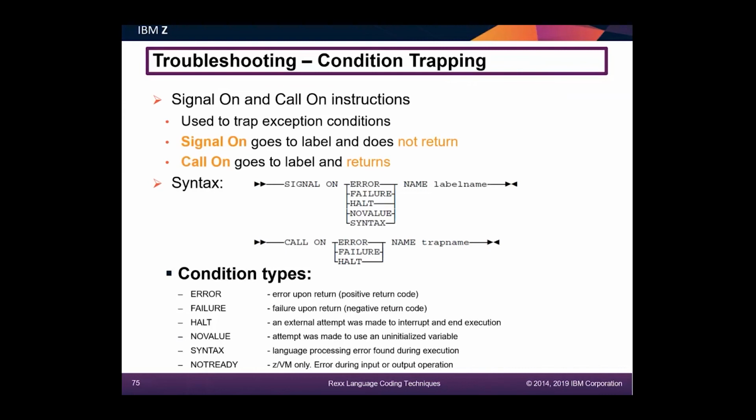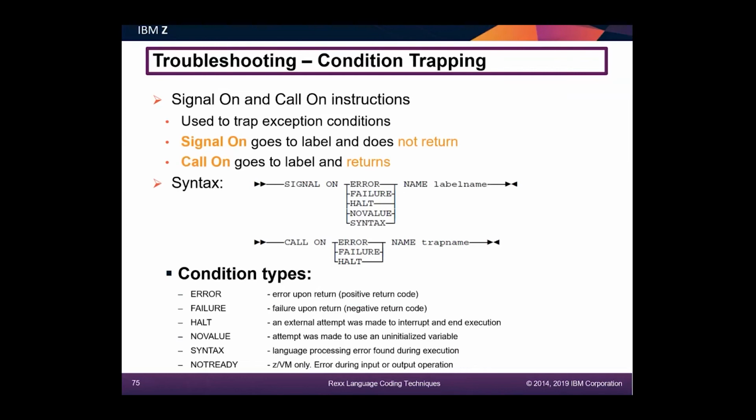The call on does exactly the same thing, except it actually returns to where the Rexx program had the problem, and it returns to the original processing. So signal on and call on are things that you specify typically once at the beginning of the program for any one or more of these condition types, and then your program will react accordingly.